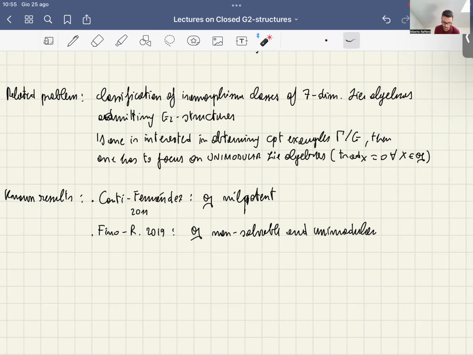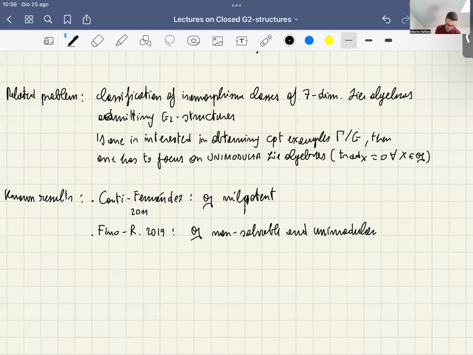And in the solvable case, so when the Lie algebra is not only nilpotent but also solvable, we do not have any classification result for 7-dimensional solvable Lie algebras up to isomorphism. And so, for instance, if one is interested in classifying certain classes of solvable Lie algebras admitting closed G2 structures, then one has to impose some extra assumptions on the Lie algebra.